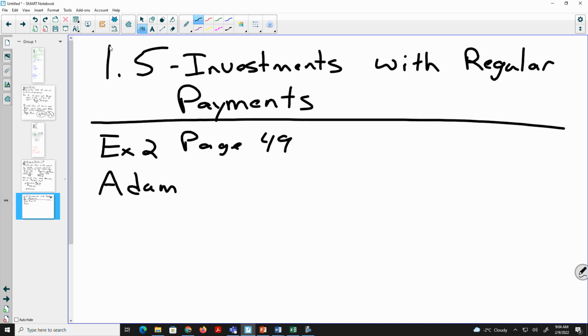He made a payment, $200 per year, 5%, annually, for 5 years.